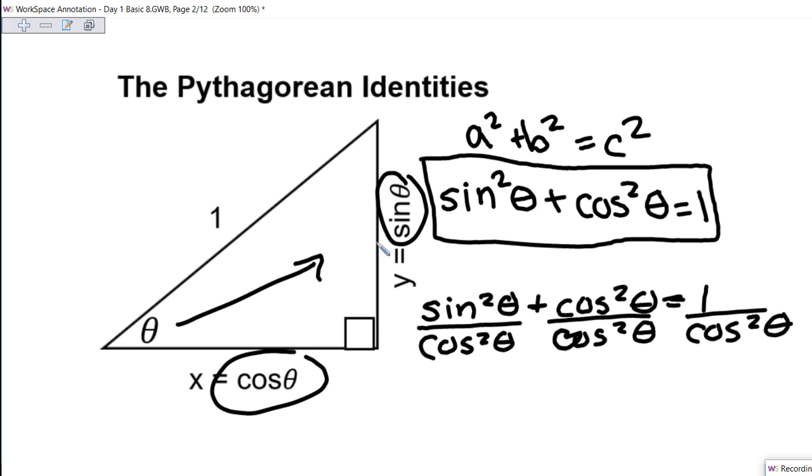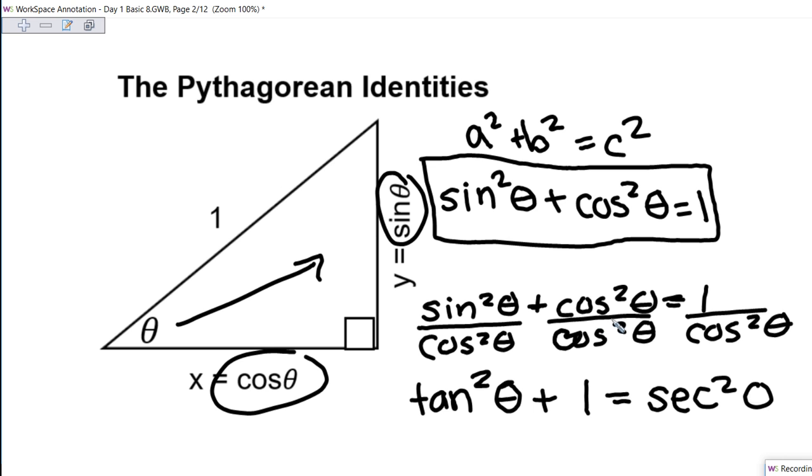So if I have sine squared over cosine squared, that's equal to tangent squared of theta. Plus, and what's cosine squared divided by cosine squared? 1. And I know that 1 over cosine is equal to secant. So if I have 1 over cosine squared, that's equal to secant squared of theta. So there's another derivative of the Pythagorean identity.